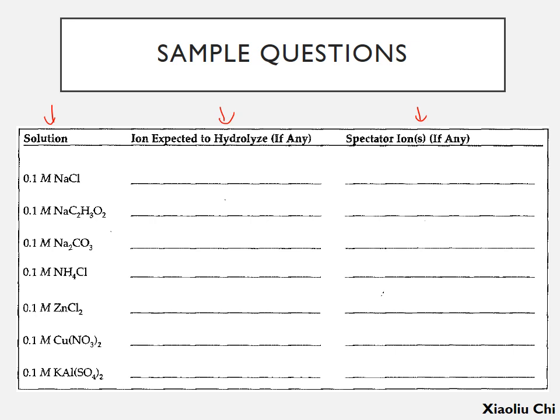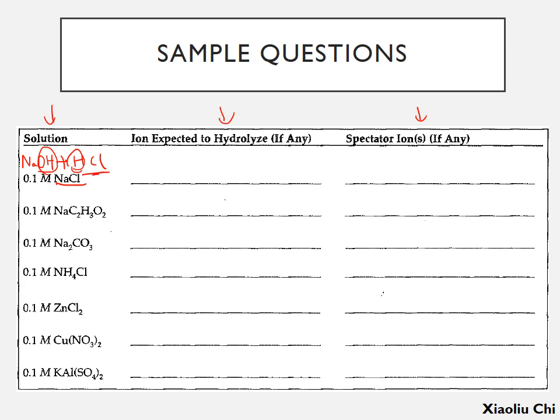For example, the first one, sodium chloride, comes from sodium hydroxide and hydrogen chloride. When these two combine, hydroxide and hydrogen form water, and the rest is sodium chloride.